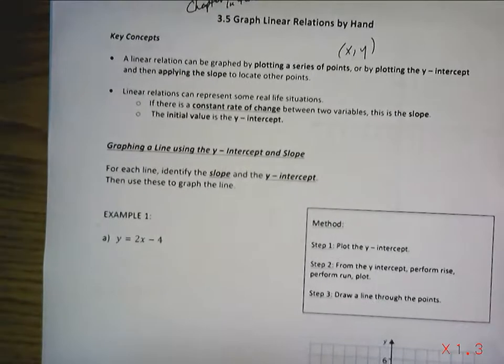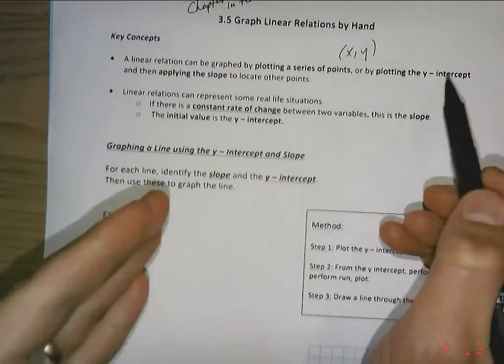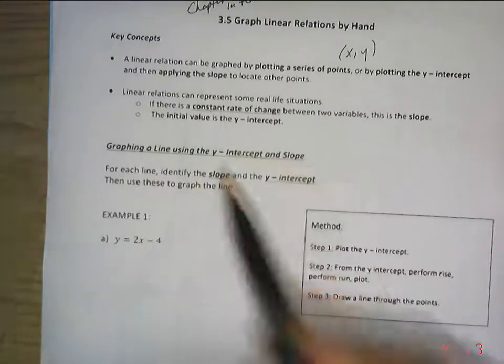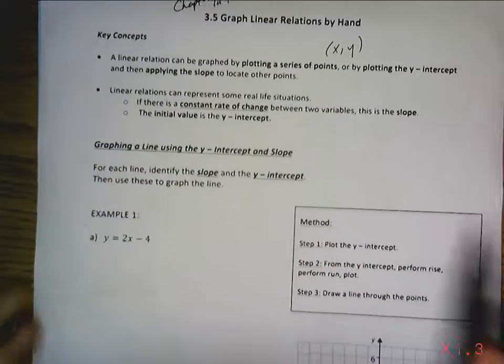Oh, so that is basically saying that there are two ways to graph a linear relation. One is by plotting a series of points, and the other one is by plotting the y-intercept and then applying what's called a slope to the other points. Okay, we'll look into that.